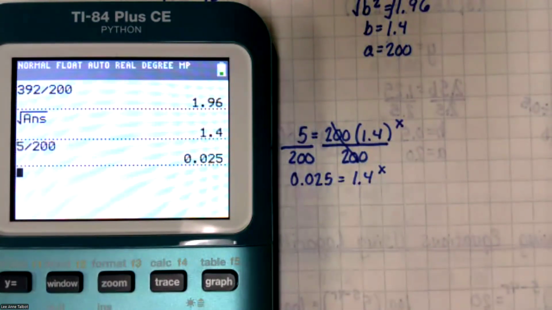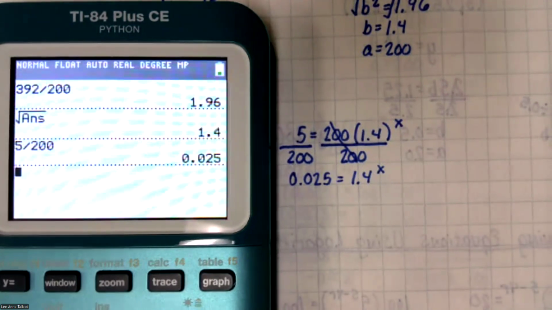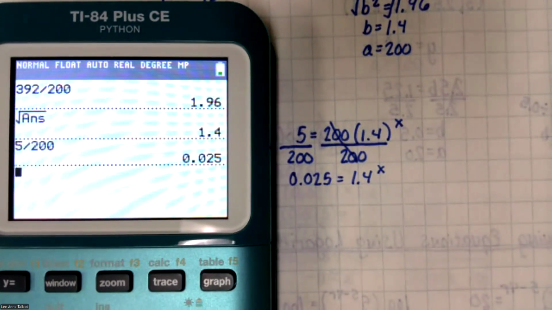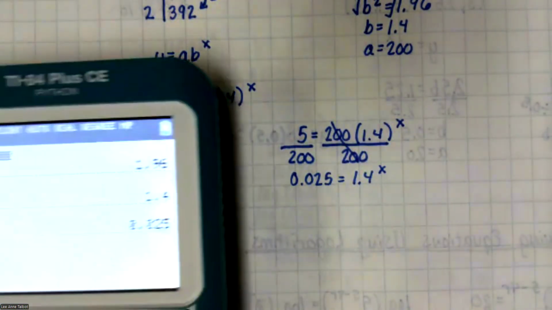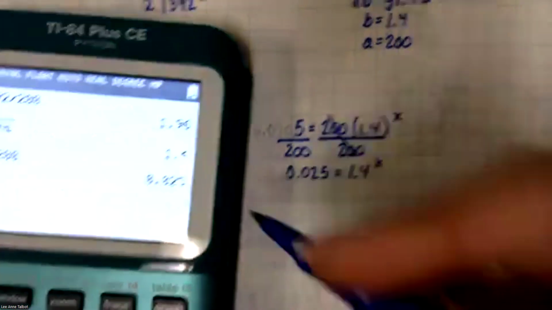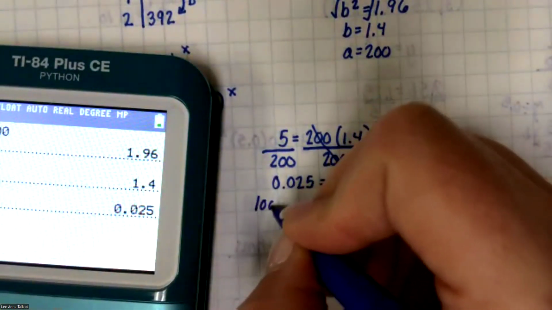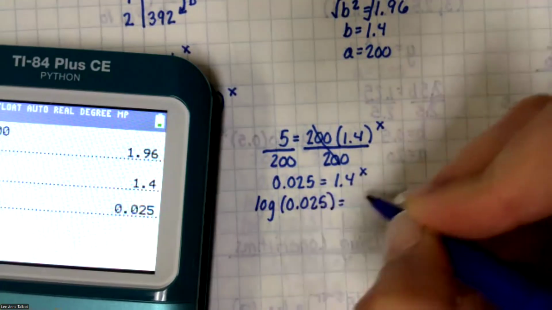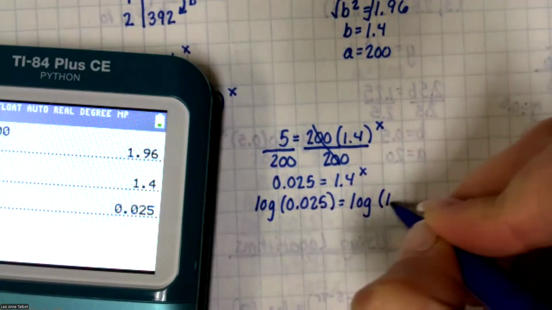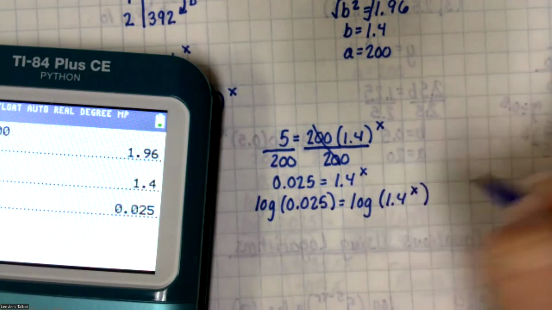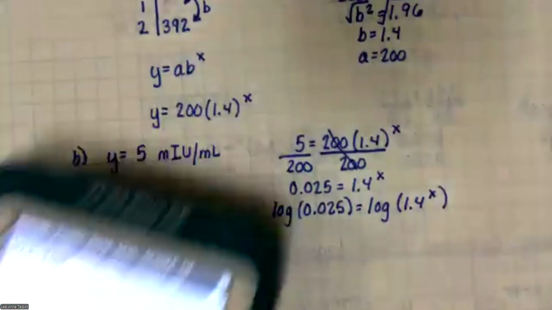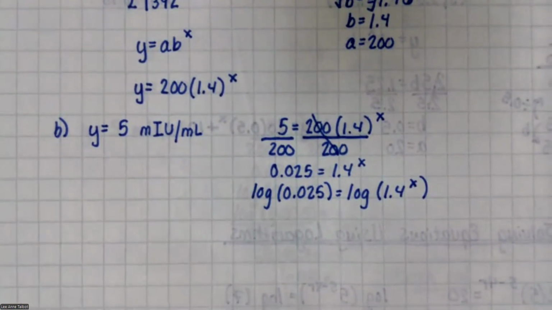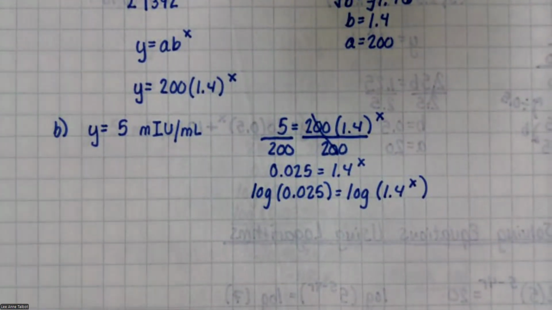Okay, so now I have a squirrel stuck in the tree problem. And what do I do when I have a squirrel stuck in the tree? Yep. Hit it with a log on both sides. Log 0.025 equals log... Okay, what's next?